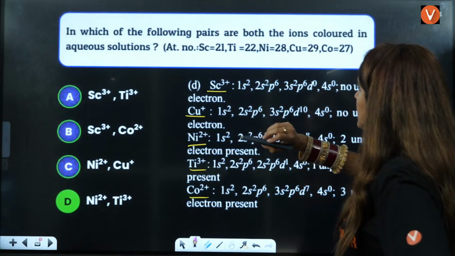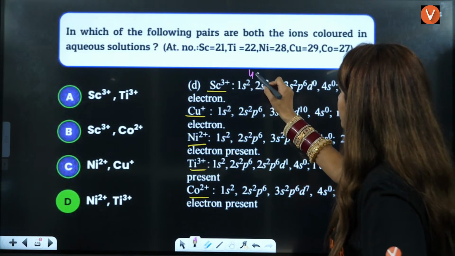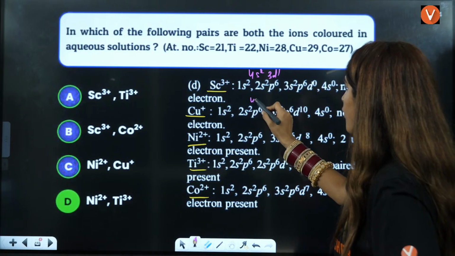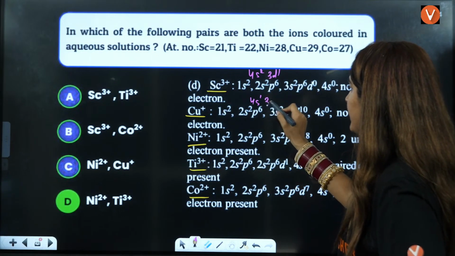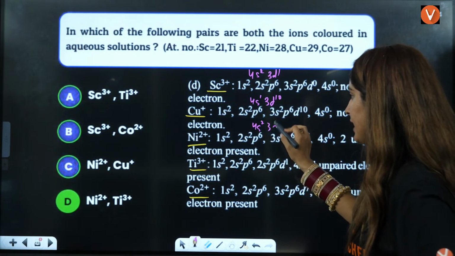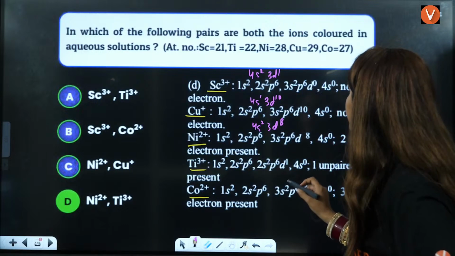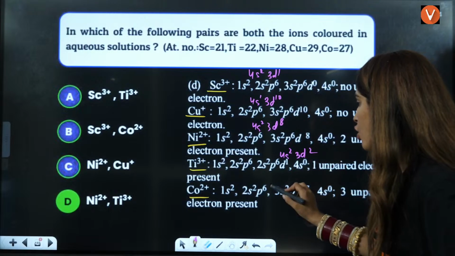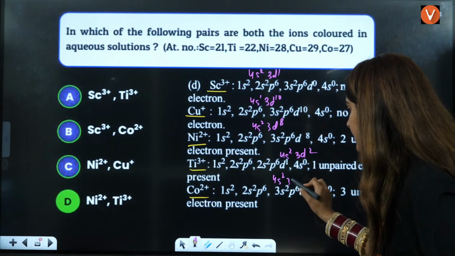Scandium, it is 4s2 3d1. Copper it is 4s1 3d10. Nickel it is 4s2 3d8. Titanium it is 4s2 3d2. Cobalt it is 4s2 3d7.